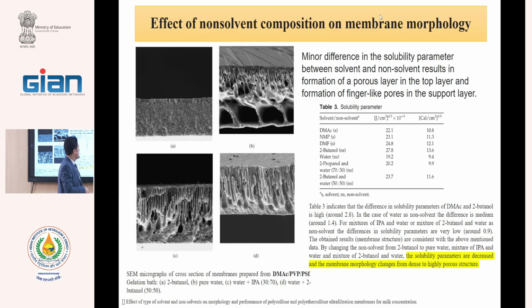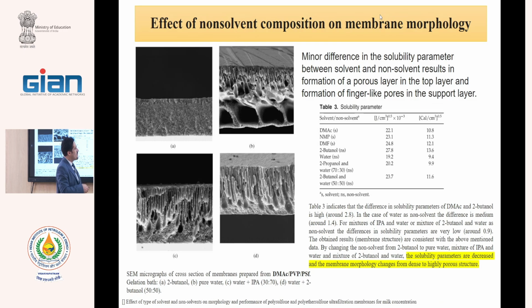In this study, we used as non-solvents 2-butanol, pure water, a mix of water and isopropanol, and a mix of water and butanol. We see that when our non-solvent is butanol, the morphology is mostly spongy, with finger-like structure only on the top layer.